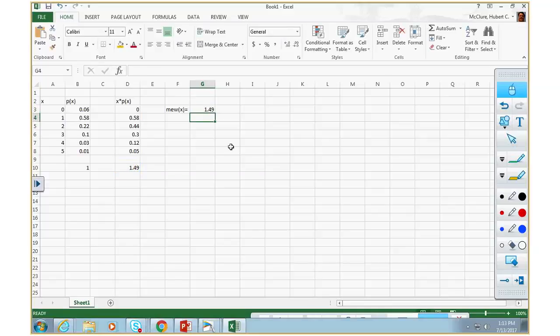So what does that mean? Well, if this was events, then it would go to 2. That would be pretty much the average, because you can't have 1.5 events. So the average would be 2 events, or whatever the case may be, 2 babies, 2 events, based on the probabilities.